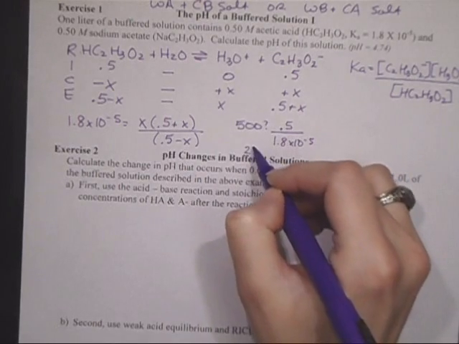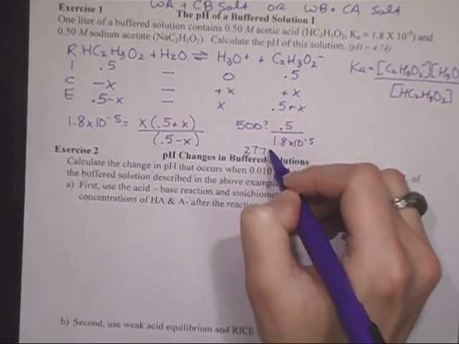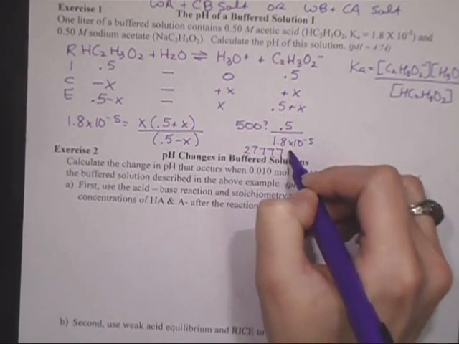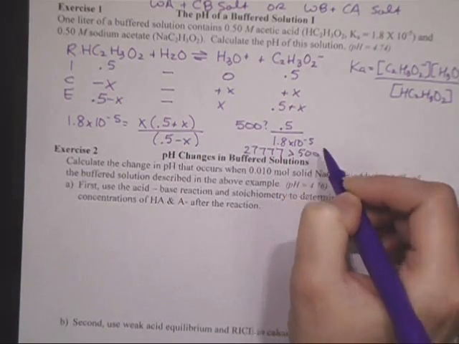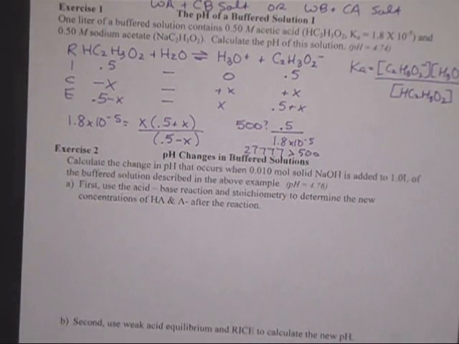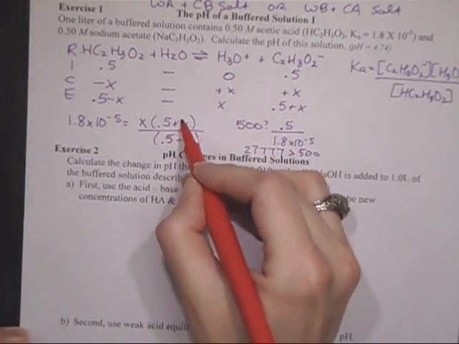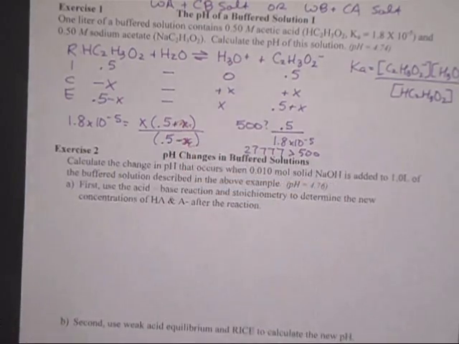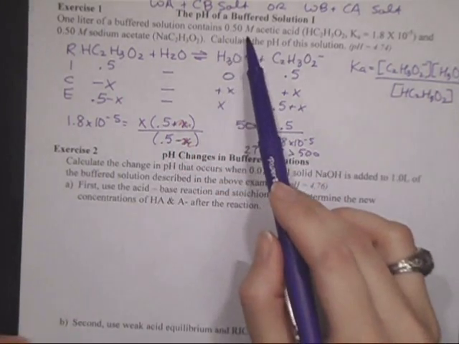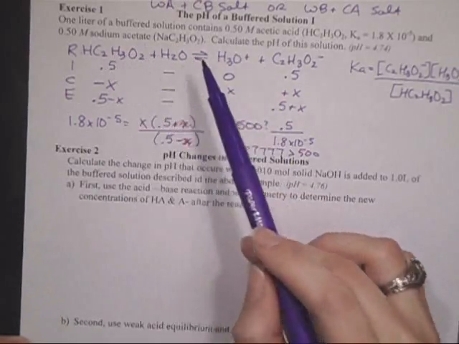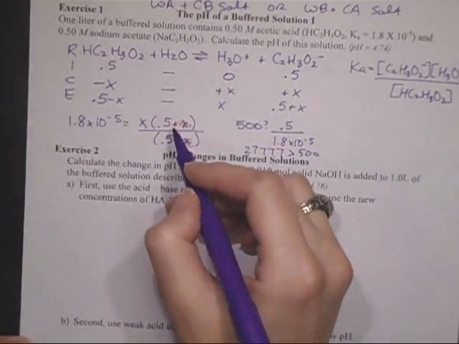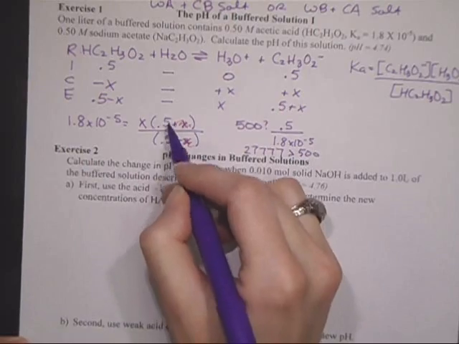In our case, we have 27,777. That is definitely greater than 500. And what that tells me is that I can neglect the x that's being subtracted or added. So I can mark these out. This is an excellent one, and you'll find this when you have equal concentrations of acid and salt, or base and salt, that you have the same value here.